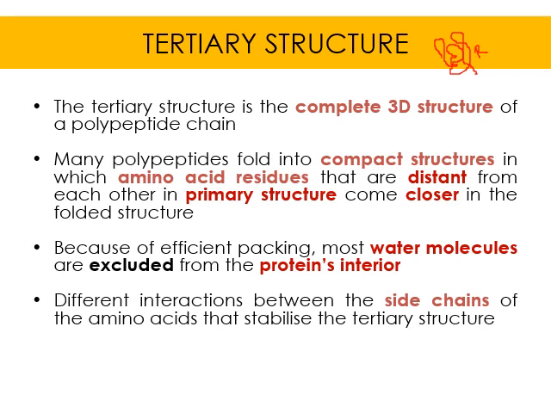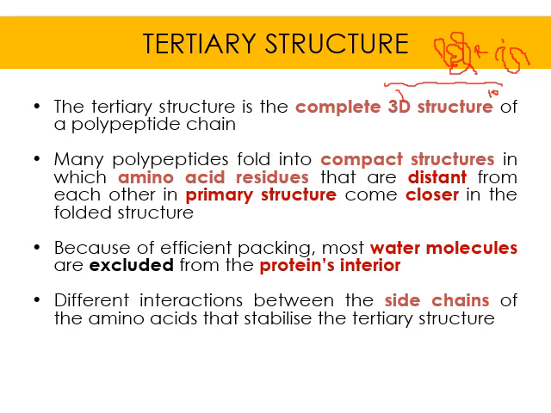Many polypeptides fold into a compact structure so that amino acid residues that are originally distant, let's say amino acid 1 and amino acid 10, can be brought closer together through the folding of the protein.